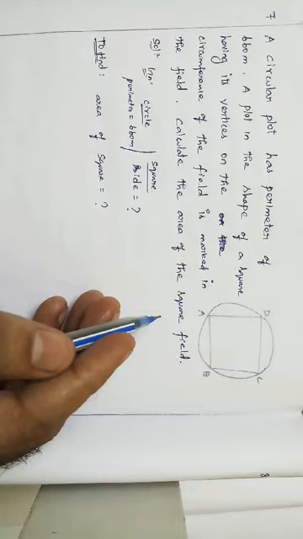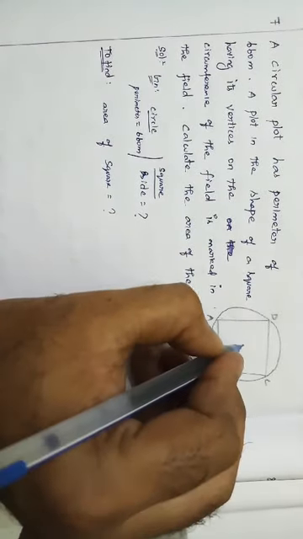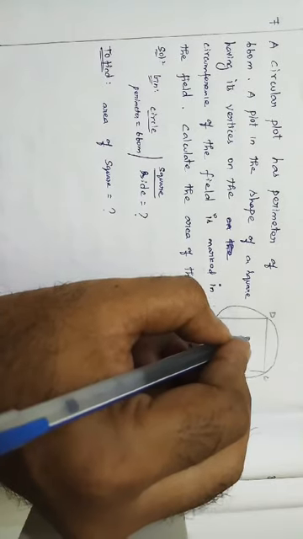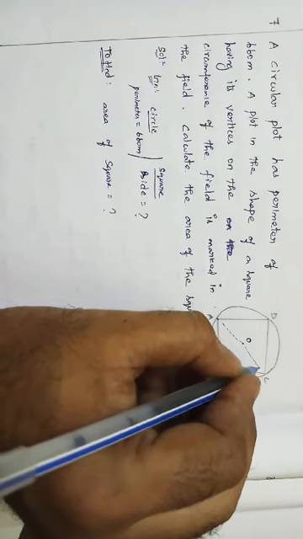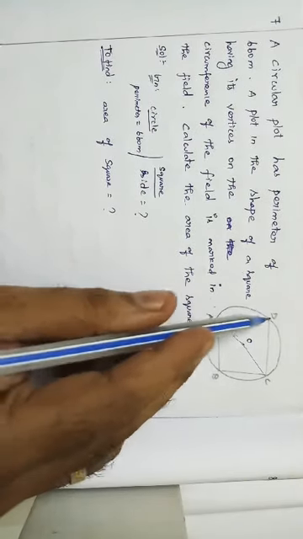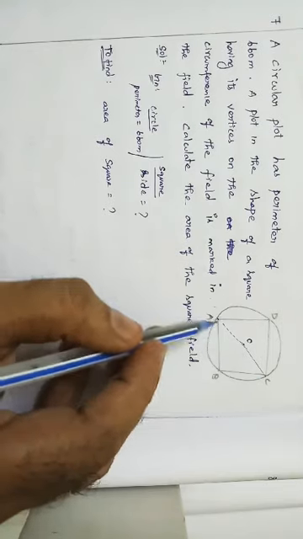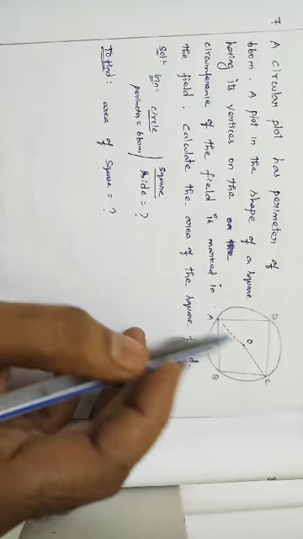So how are we going to find it? See here, this is the center point O of the circle, right? I'm just joining the points A and C. In the square, AC is nothing but the diagonal.